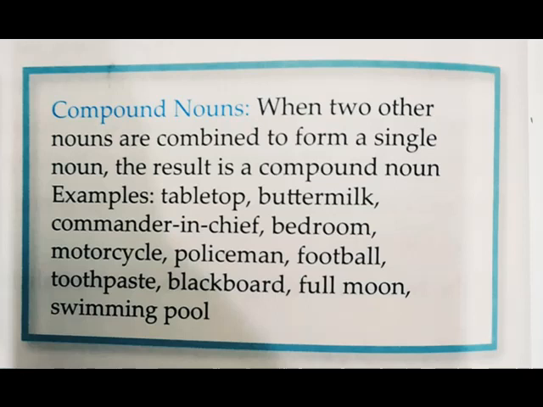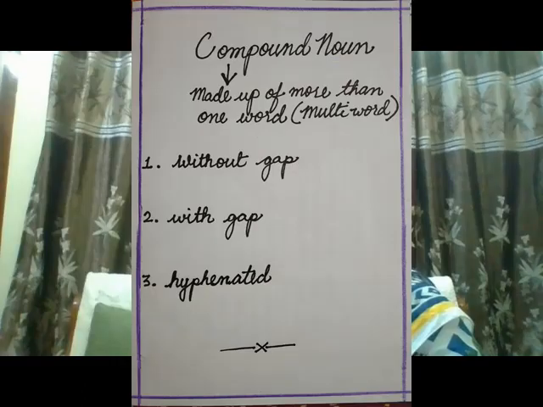In an easier way, you can say that it is a multi-word noun. We can create a compound noun by following three methods. There are three ways of creating a compound noun.